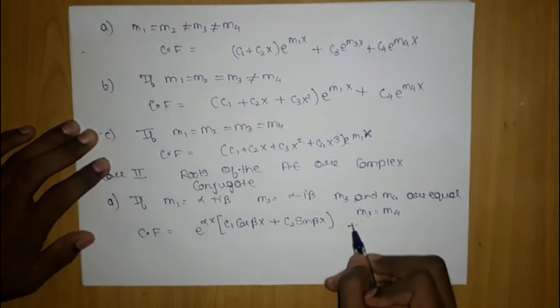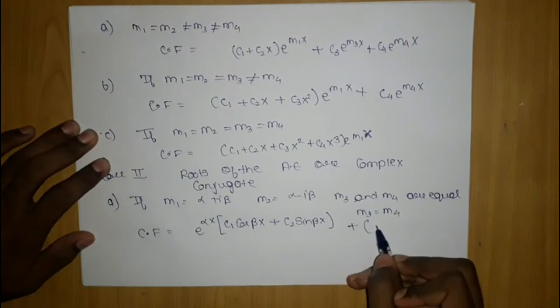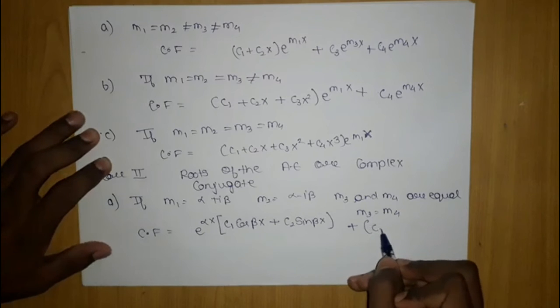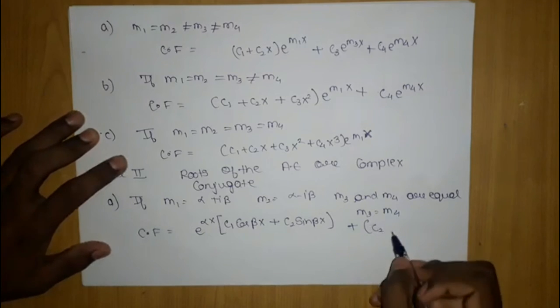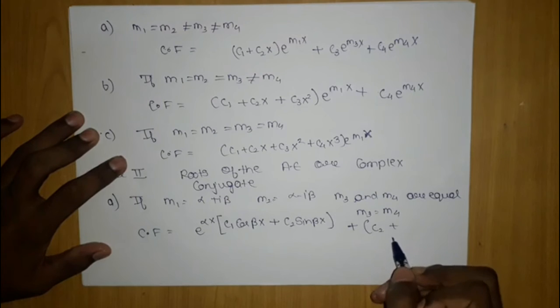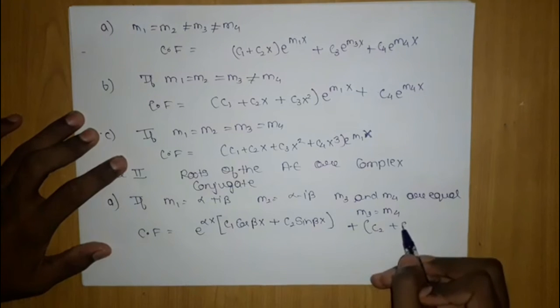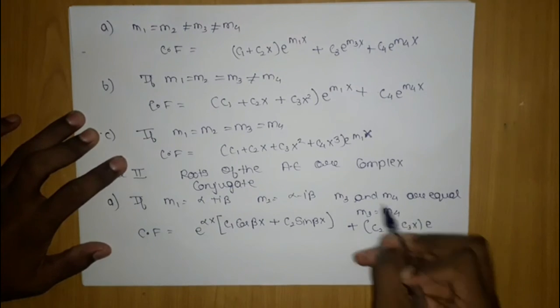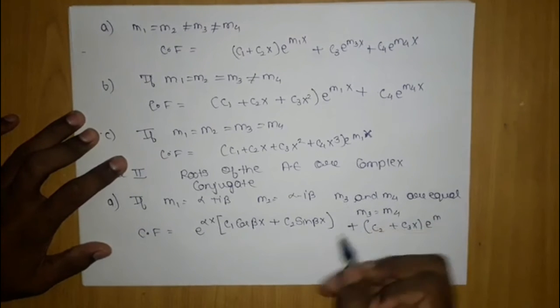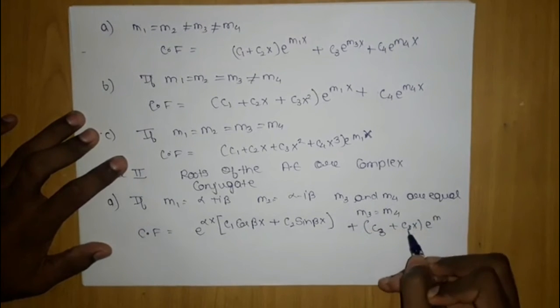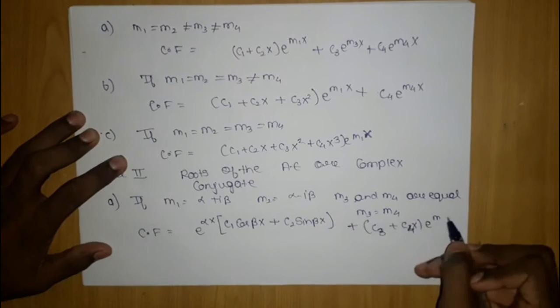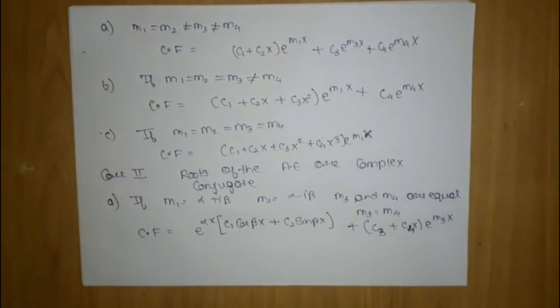Since m3 and m4 are equal, it will be plus c3 plus c4 x into e to the power m3 x. Hope you understand this thing.